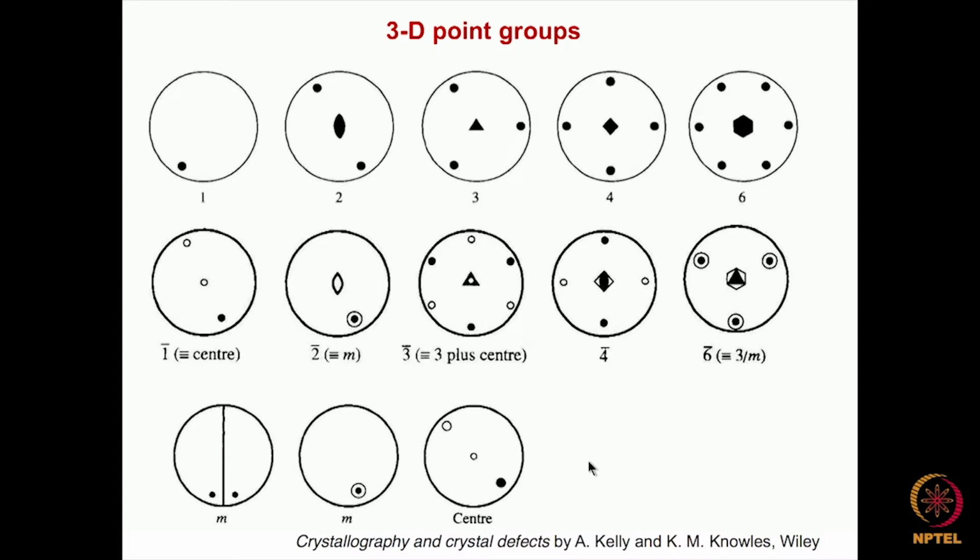But how many distinct ones do we finally find? Like in the case of the two-dimensional lattice where we did the exercise, we found that only 10 planar point groups are there. Similarly here, only 32 distinct point groups are possible.